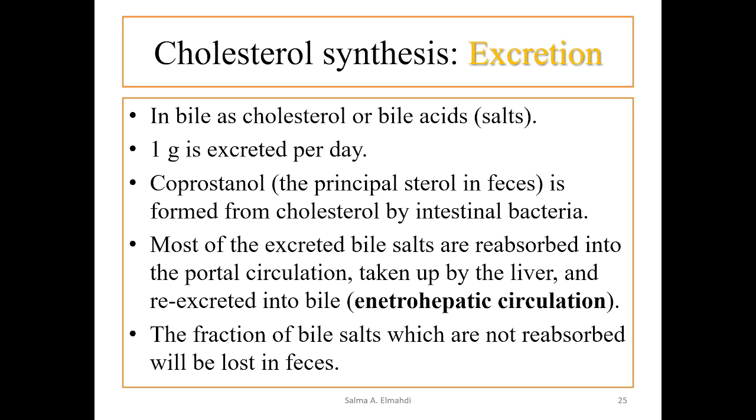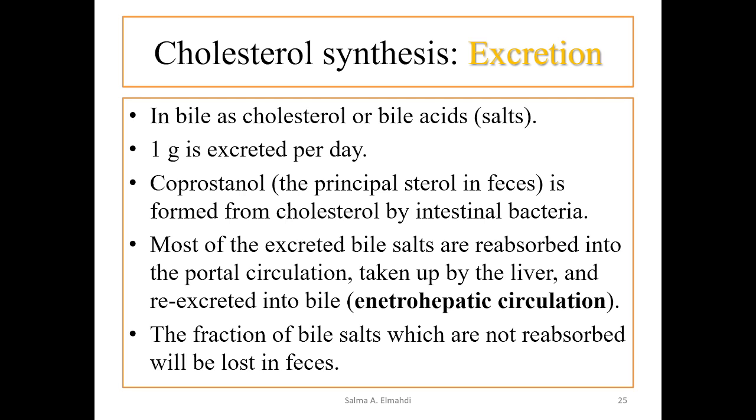So bile acids are formed from cholesterol and stored in the gallbladder. When a meal enters the body, it will release some of these bile acids into the small intestine to help in digestion and absorption of lipids.